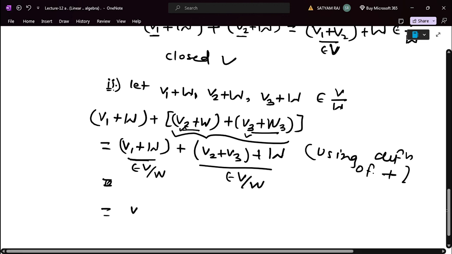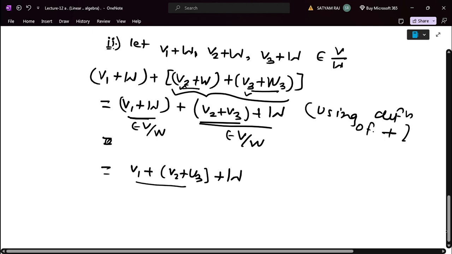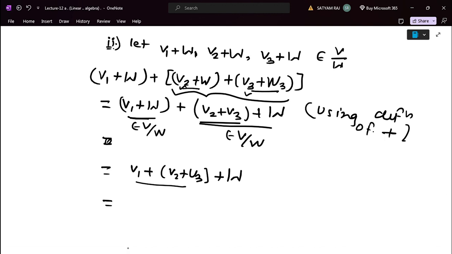So we can write here V1 plus V2 plus V3 plus W, because this element belongs to V and this element belongs to V, so we add V1 to V2 plus V3, plus W. Now since V1, V2 and V3 belong to capital V, and capital V is a vector space, it will be associative.